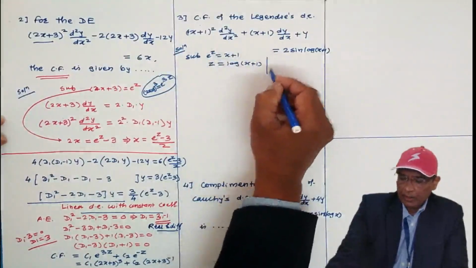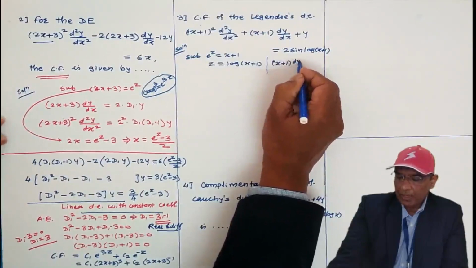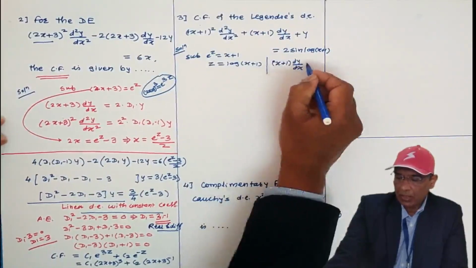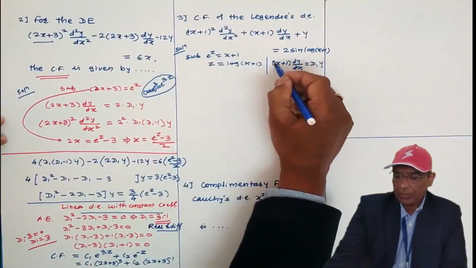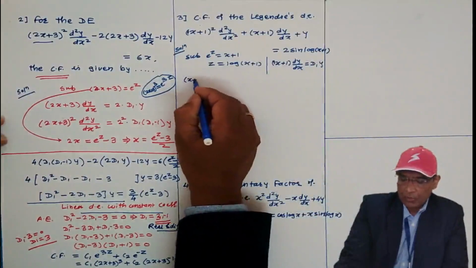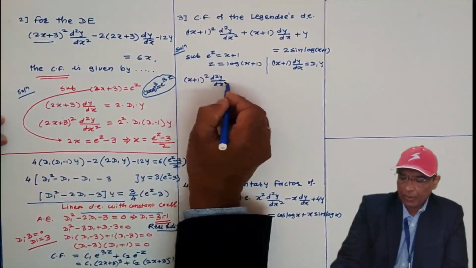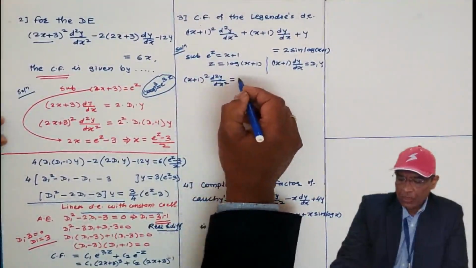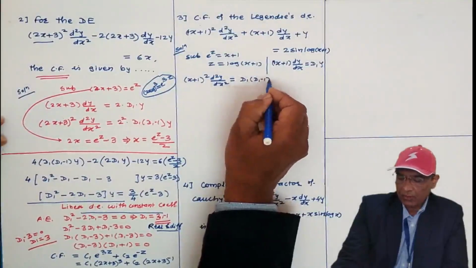And ax plus b, ax plus b dy by dx is what? It is d1y multiplied by 1. Coefficient of x is 1, but 1, no need to write. X plus 1 power 2 d2y by dx square is replaced by 1 square, 1 square no need to write, d1 minus 1 y.